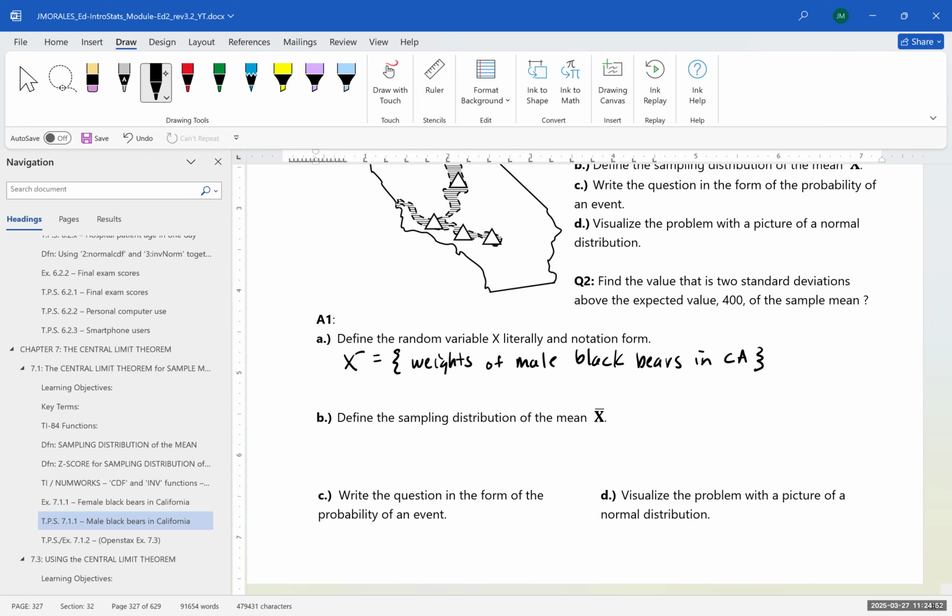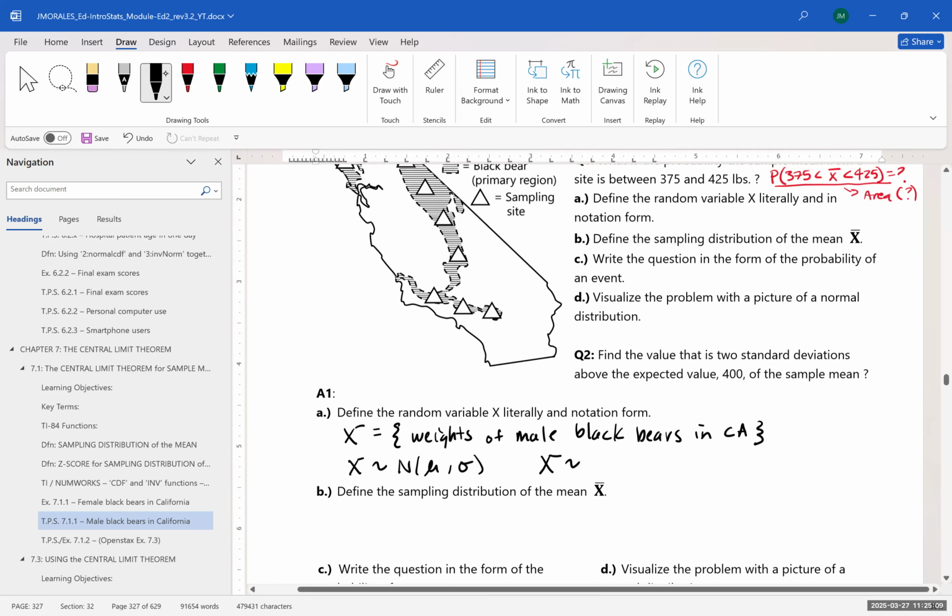And to write this in notation form, remember that notation form would look something like this.